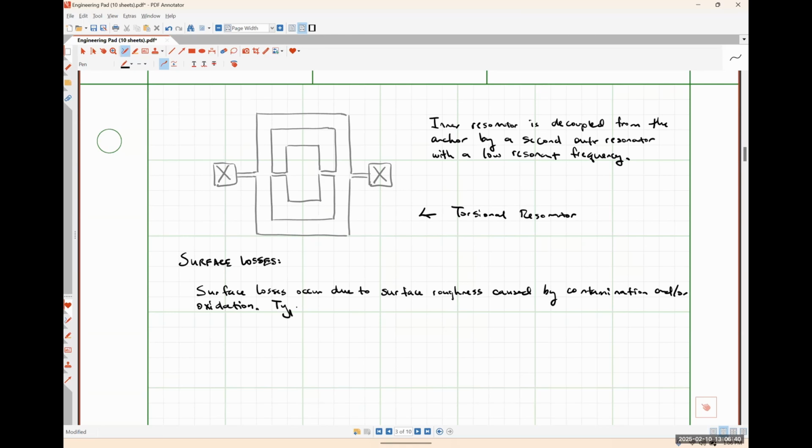Typically speaking, the quality factor is measured before and after a heat treatment step, and any reduction in Q is attributed to surface losses.